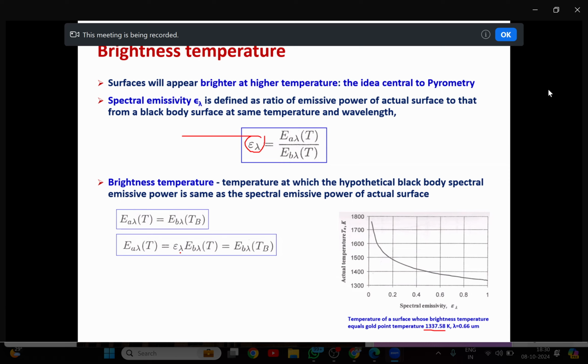That means if you have some spectral emissivity and you want to know the actual temperature, if you know the brightness temperature, the actual temperature will always be higher than the brightness temperature, depending on the spectral emissivity. If the spectral emissivity is very small, the actual temperature will be very large compared to the brightness temperature. If the emissivity is relatively larger, then they will be comparable.